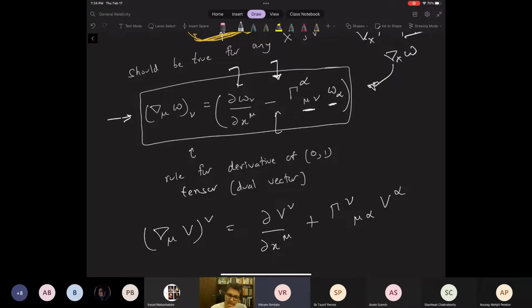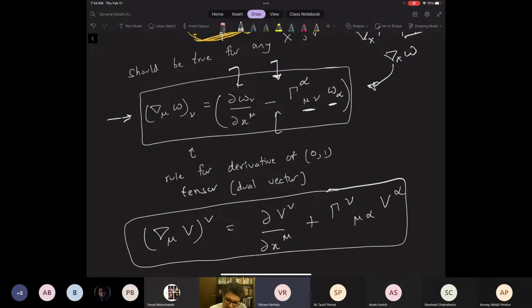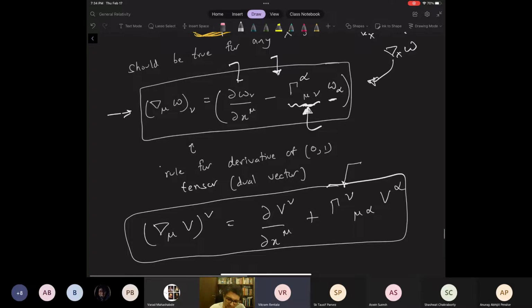So this was the difference between these two transformation rules. It uses the same parallel transport coefficients that are used for transporting a vector, except it uses them in a different way if you want to transport the components of a dual vector. And this gives us a rule.